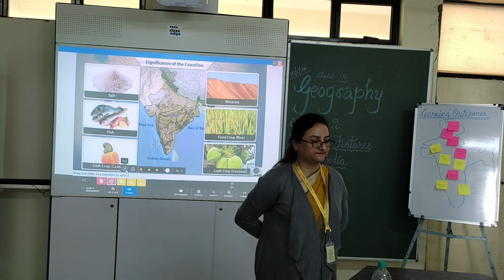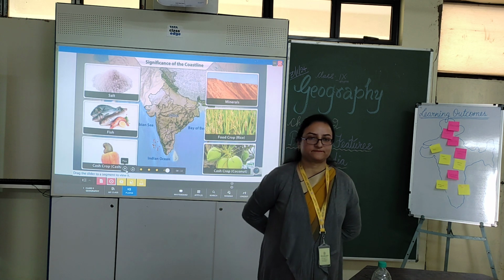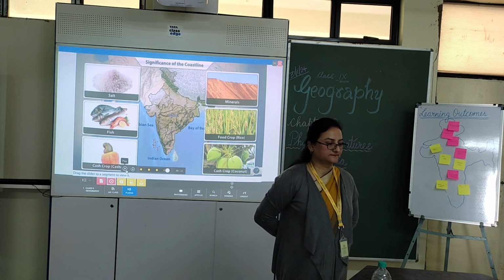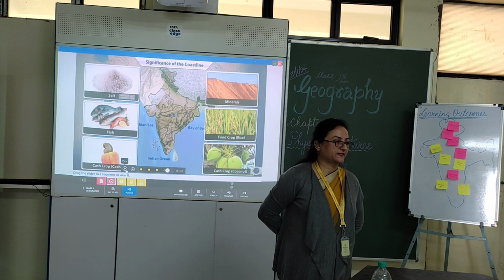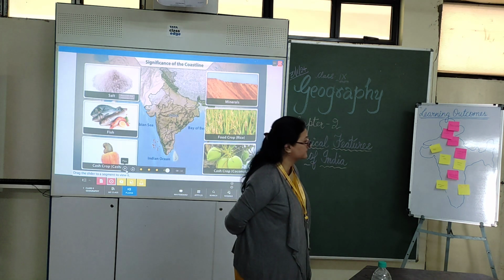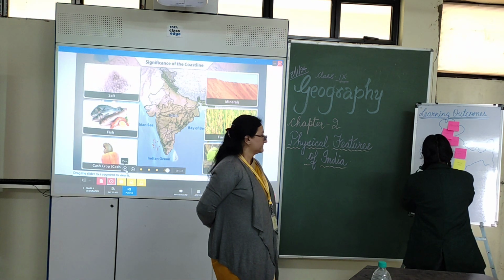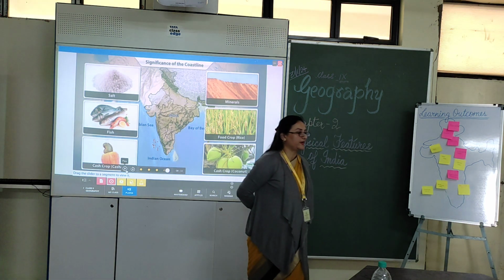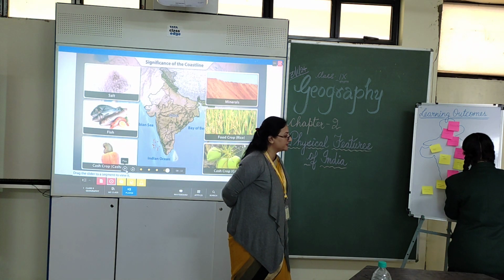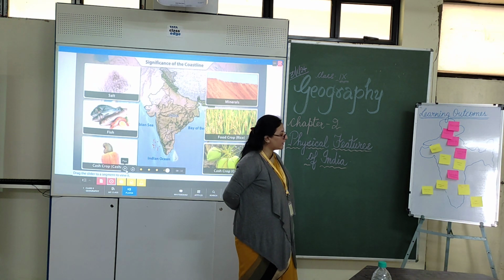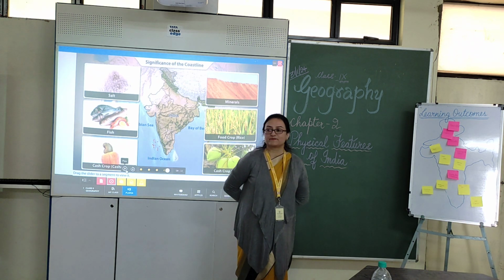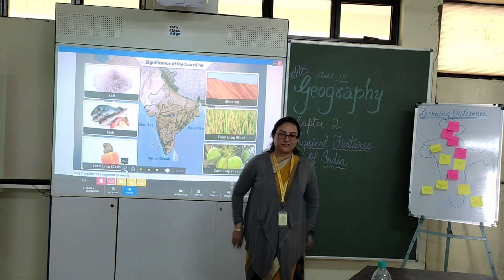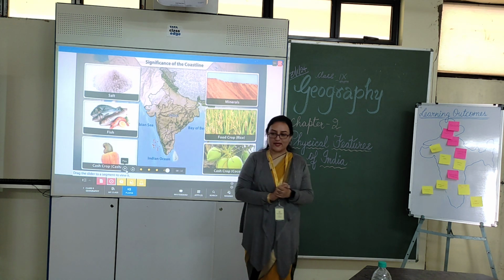Absolutely. Carefully have to come. Okay. The Lakshadweep Island, very good, very well done. And the Andaman and Nicobar Island in the Bay of Bengal and Lakshadweep Island in the Arabian Sea. Very good. I hope you understood this well.